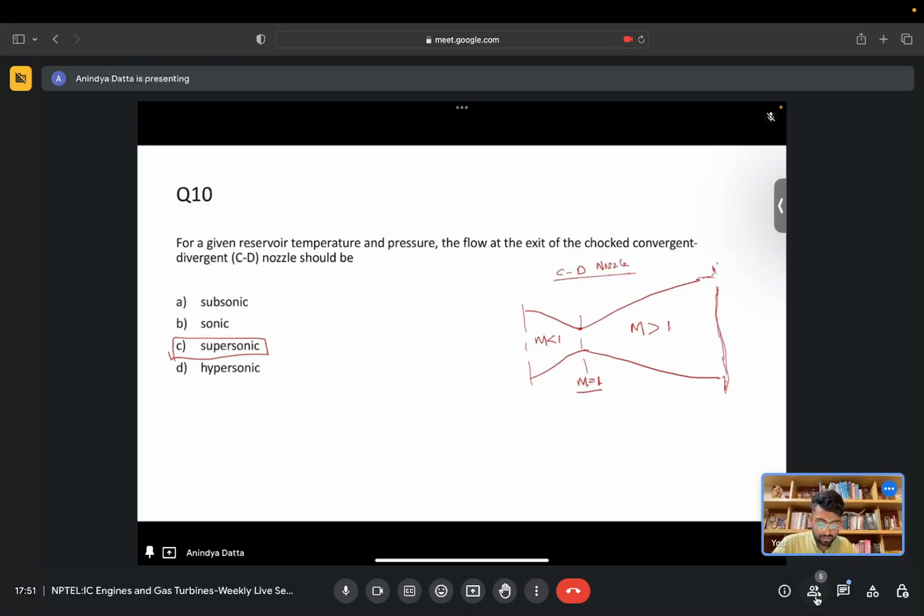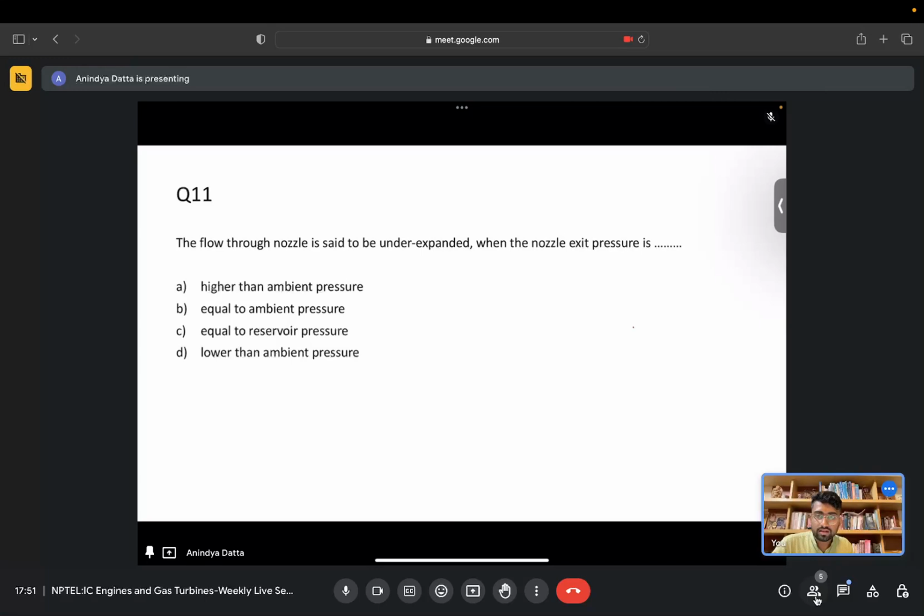Okay, moving on. Question 11. Flow through a nozzle is said to be under expanded when the nozzle exit pressure is: higher than ambient pressure, equal to ambient pressure, equal to reservoir pressure, or lower than ambient pressure. It says under expanded.